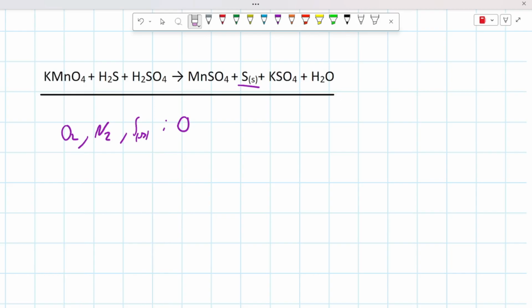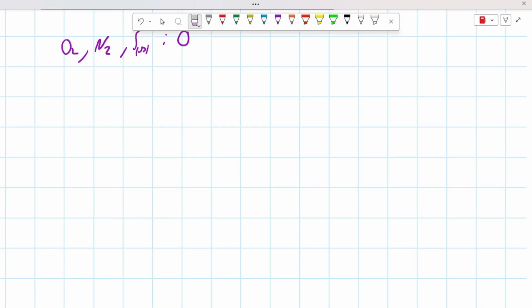The third rule is that oxygen basically always has an oxidation state of -2, except in O2, where it's 0, and in some cases where it's a peroxide, for example in H2O2, where it will have an oxidation state of -1.